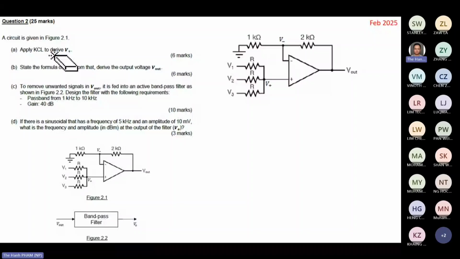So you can think of it as if you don't have this wire, right? So imagine you have one current here, I call it I1, another current I2, another current I3.